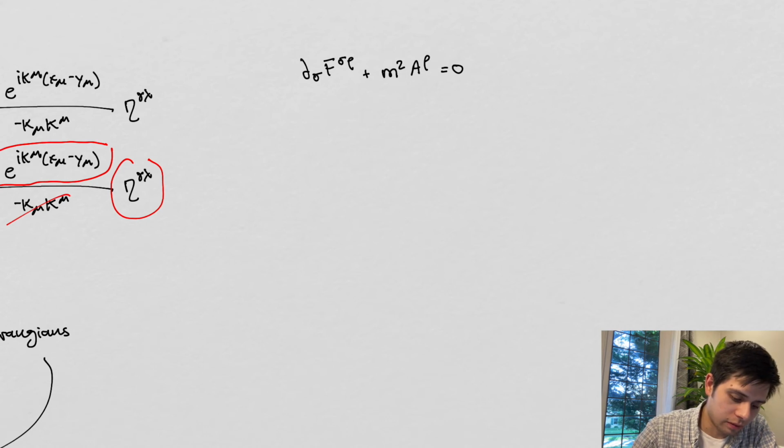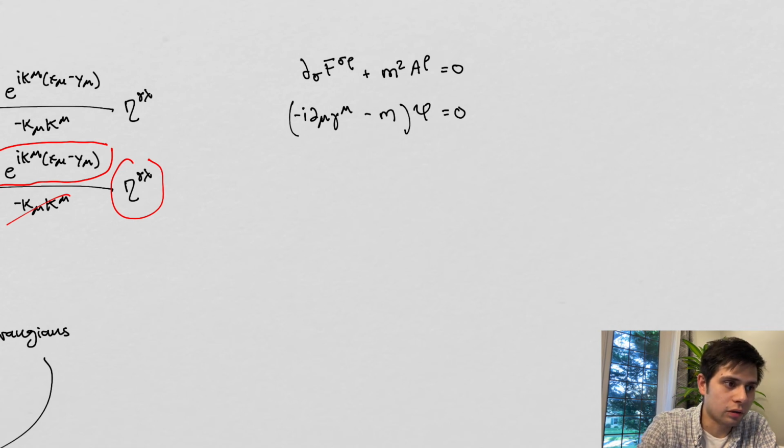Actually, that was the other way around. I'll do it the other way around. Minus I gamma d mu gamma mu minus m equals 0.